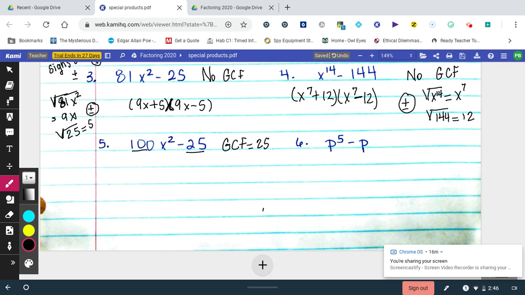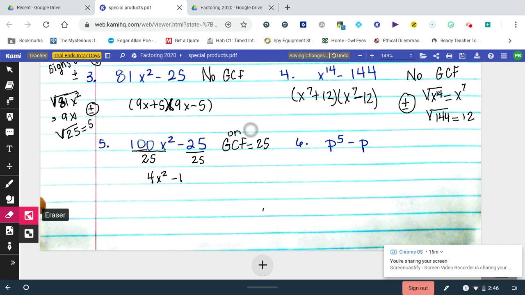So I can't include an x in my GCF. So what do you always do with a GCF? You divide. So when we divide, we're going to get the remainder of 4x squared minus 1. But anytime you have an original GCF, what are you always supposed to do? Check to see if your remainder can be factored.